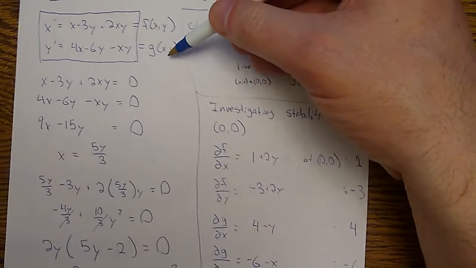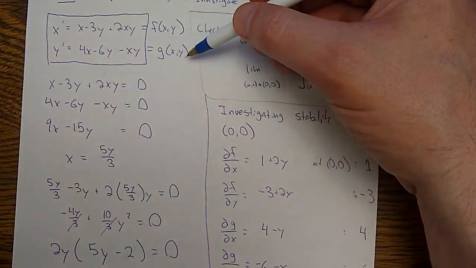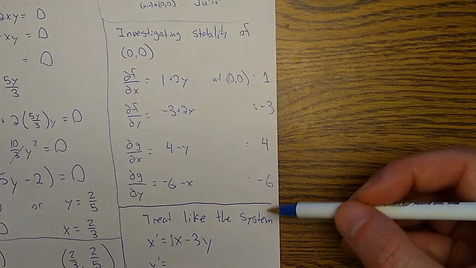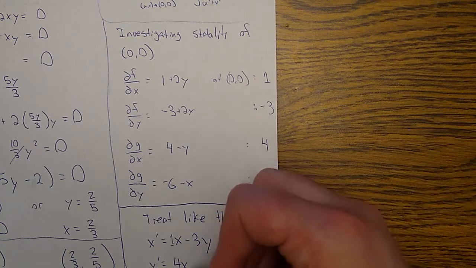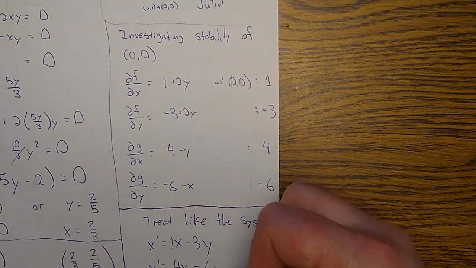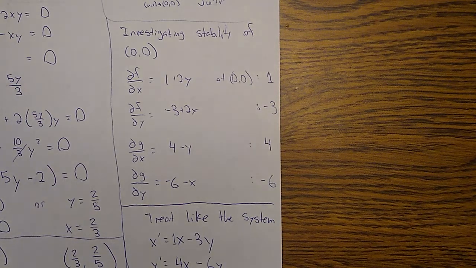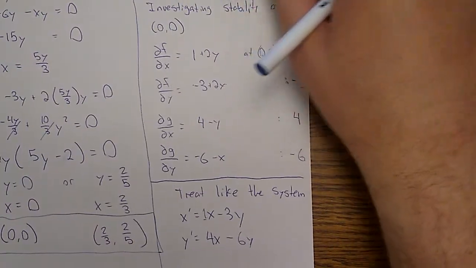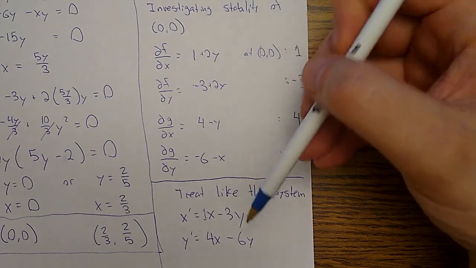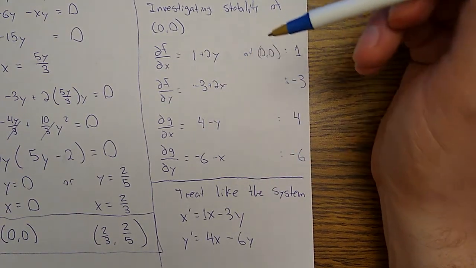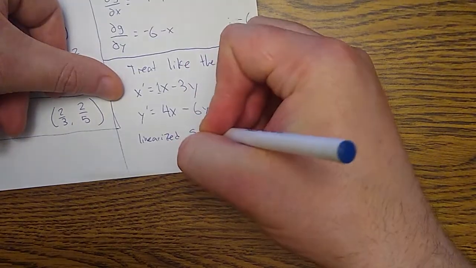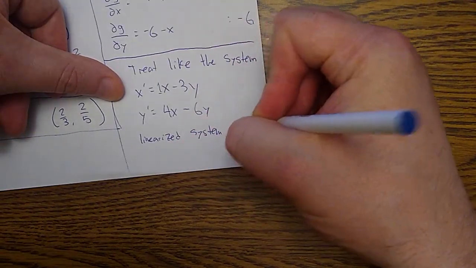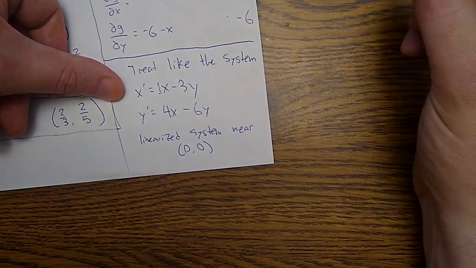And then when I did g, for y prime, I did the partial with respect to x and I got 4. I did the partial with respect to y and I got -6. So what we just did is we linearized the system near the point 0, 0.